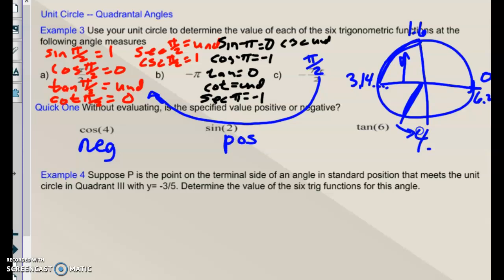And the tangent at 6, so down here, we know that the y values are negative, the x values are positive. So we know that the tangent is a negative divided by positive. So down here the tangent would have to be negative.